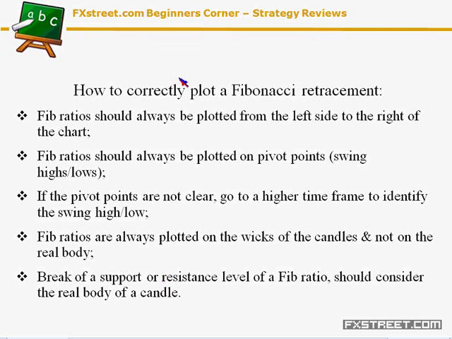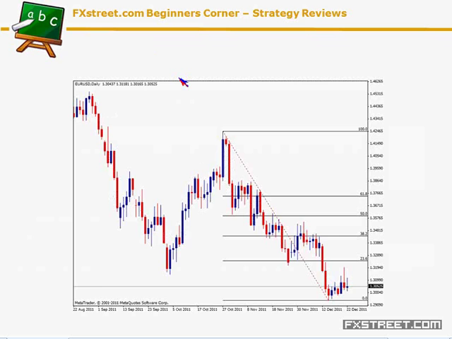In this chart, I have plotted a couple of charts to make an example of it, right? In this particular case, we are seeing a euro-dollar daily chart, and as you can see, this is an important high towards an important low, right? Visually, this is the correct way to plot Fibonacci, from left to right and from the swing high to the swing low.